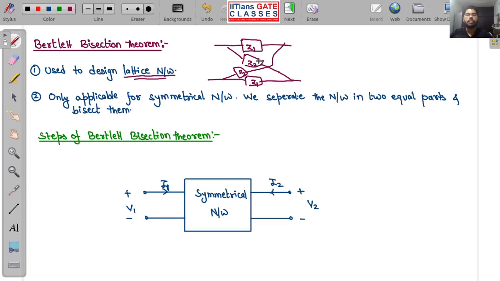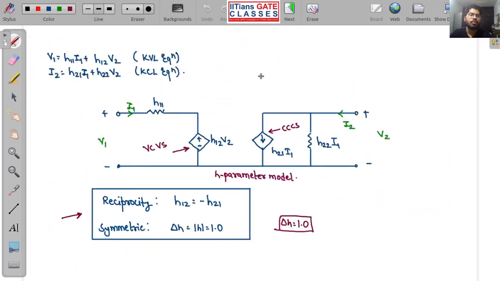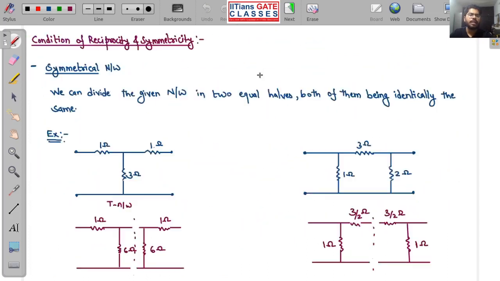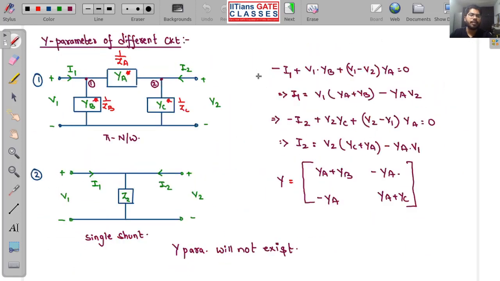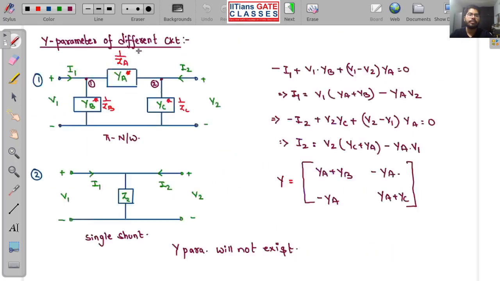So please don't mind my drawing, just to give you a quick revision. We have already seen this diagram. I think in Z parameter we have seen. So here it is, your lattice network. Okay, lattice network always looks like this. So always keep this thing in mind.